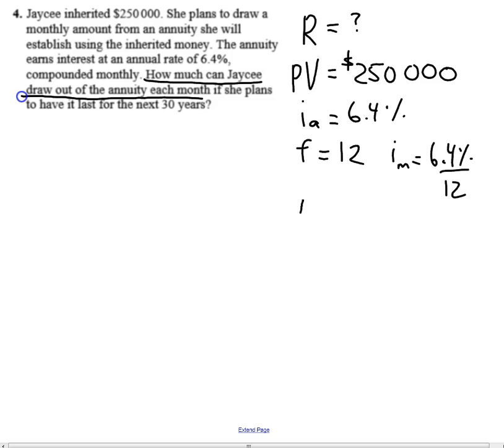And we have the number of compounding periods also as necessary, which is 30 years at 12 times per year. So that's easy. That's 360 compounding periods, and our monthly interest rate at 6.4% gives us 0.0053 repeating. So it's very similar to our 6% earlier, just a little bit higher.